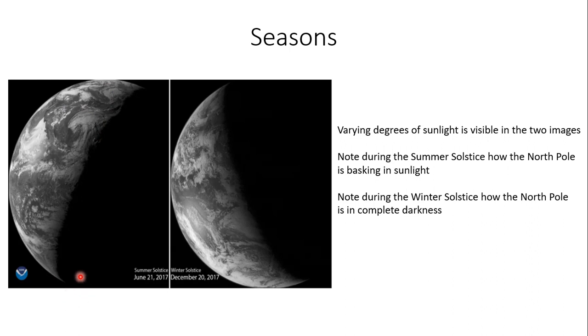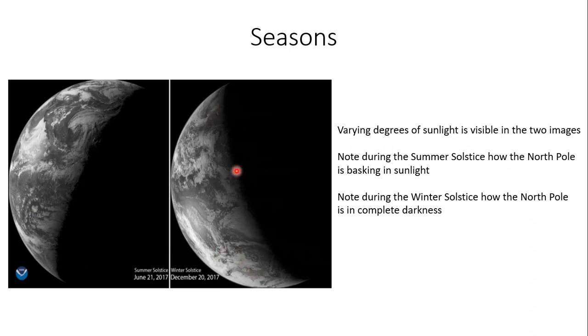So this would be an example of the summer solstice where there's 24 hours of darkness at the South Pole, and then there's 24 hours of daylight up at the North Pole. And so just by looking at satellite imagery to determine where that line is, what areas are in the sunlight and what areas are in darkness, that really gives me a clue as to what time of year it is, what season we're in.